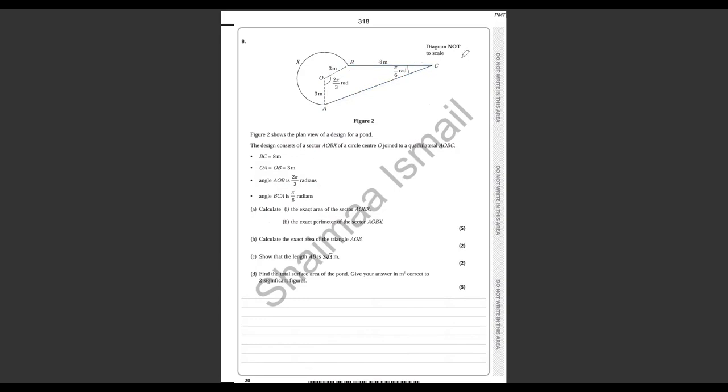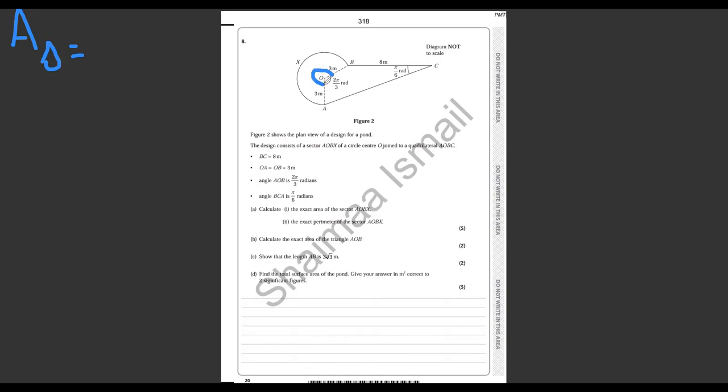Okay, let's solve step by step. So he needed the area of the sector AOBX. So area of the sector AOBX would be equal to, here we have 2 pi over 3. We need to get this angle first.